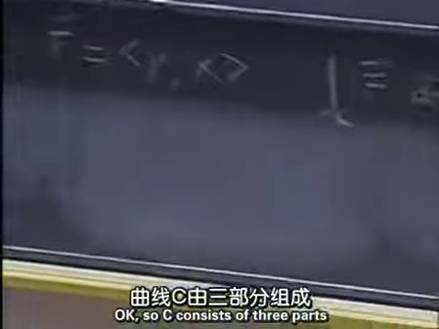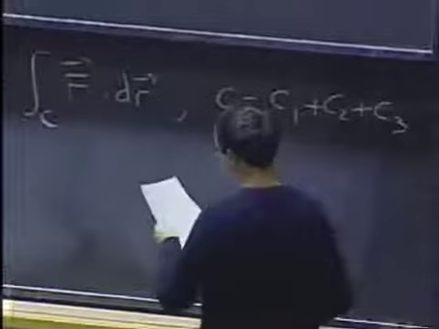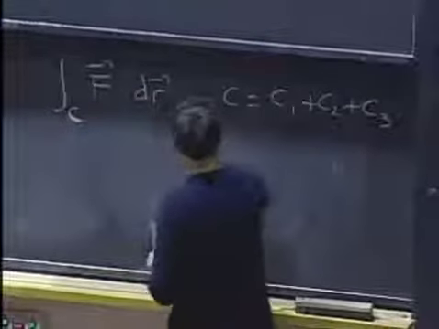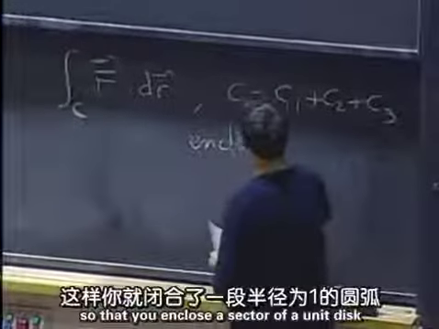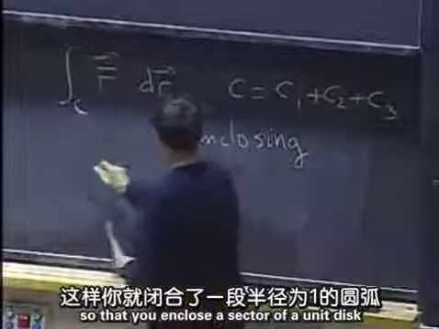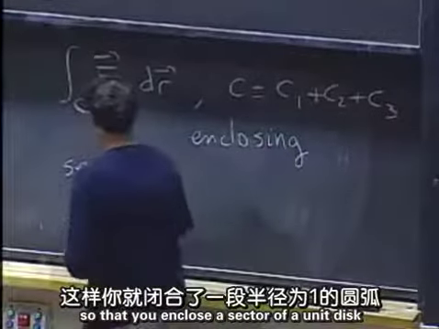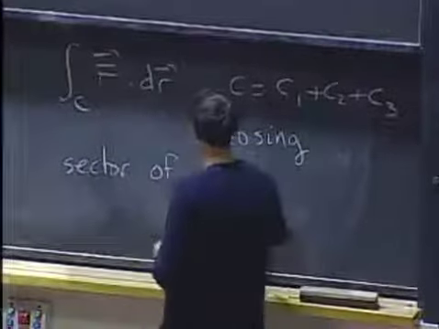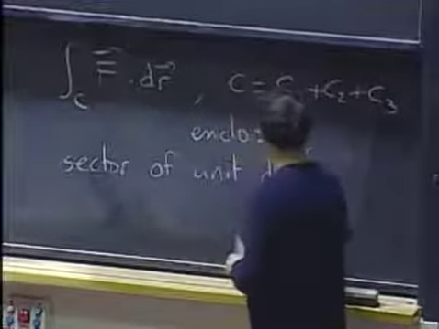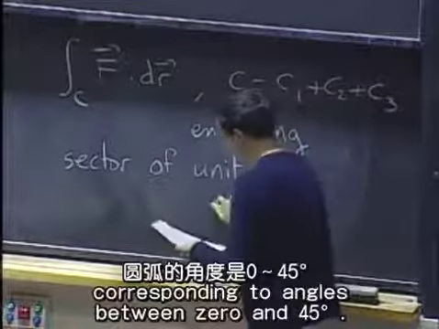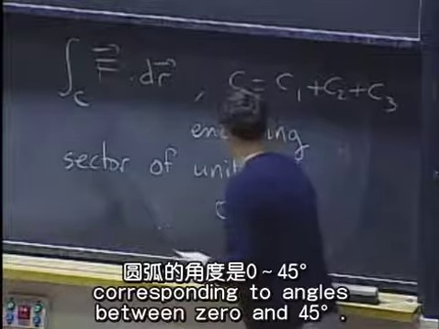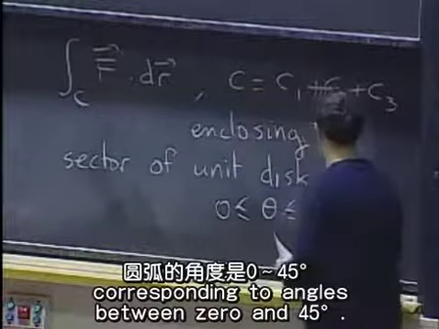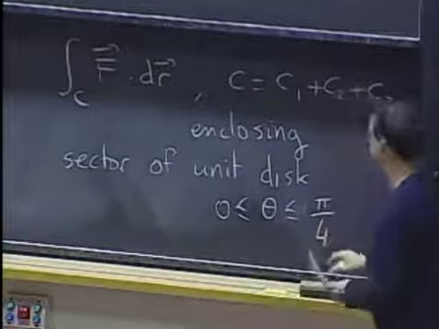Okay, so C consists of 3 parts. So that you enclose a sector of a unit disk corresponding to angles between 0 and 45 degrees.